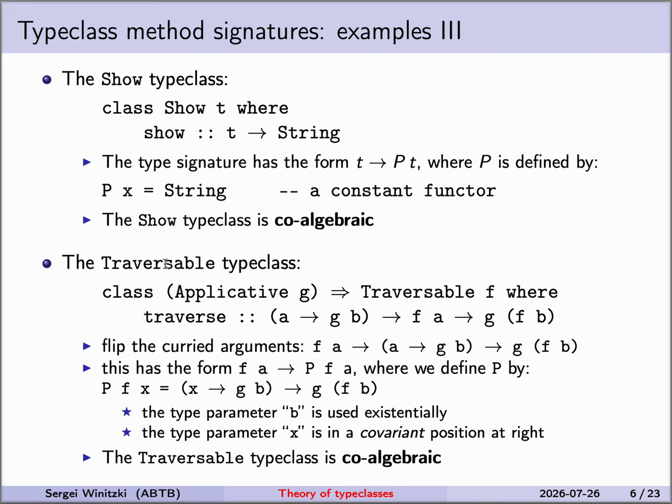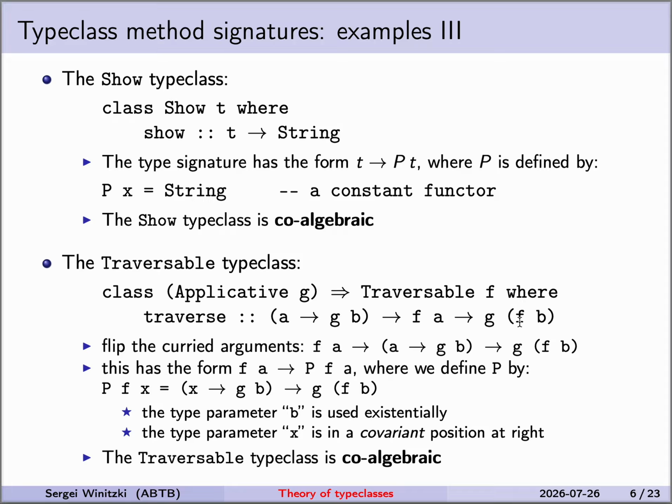Another example is the traversable type class. This is a formulation where, again, it is not obvious how to transform this type into something of the form pf to f or f to pf. So we need to try a little bit.